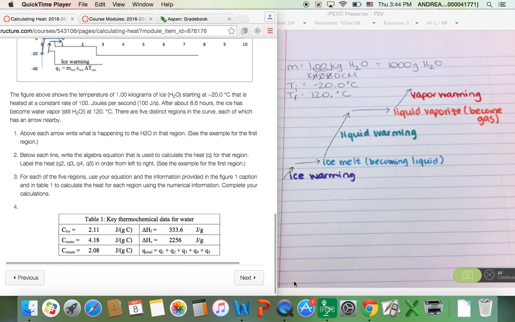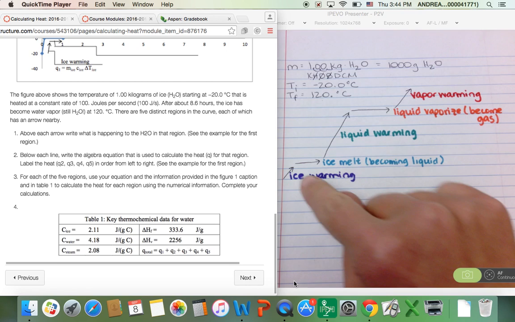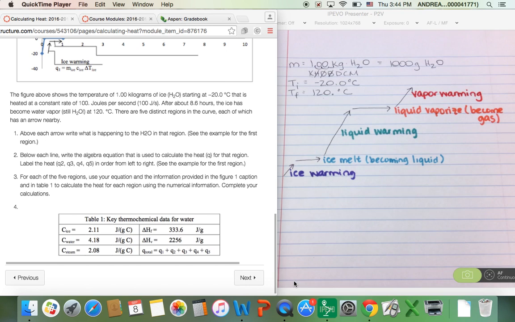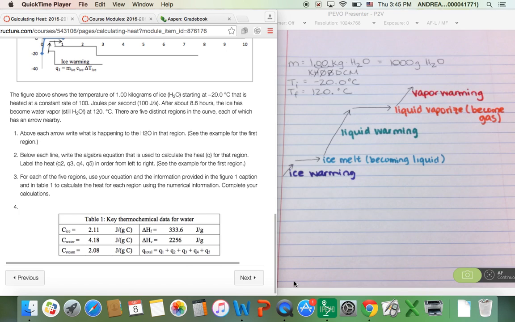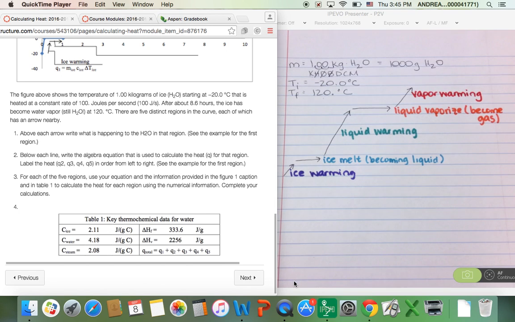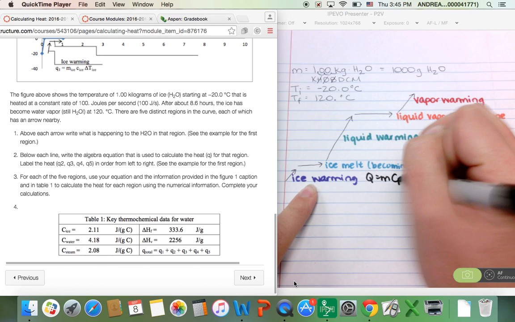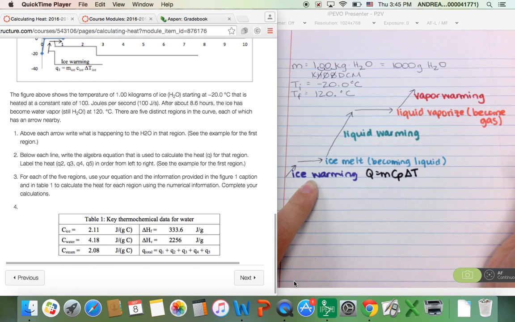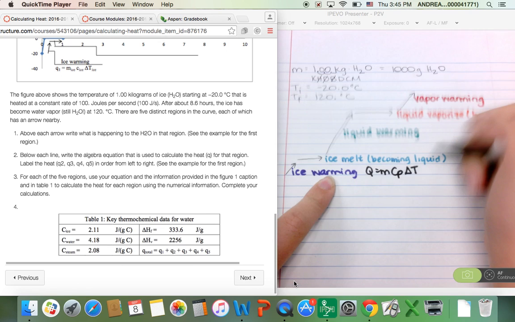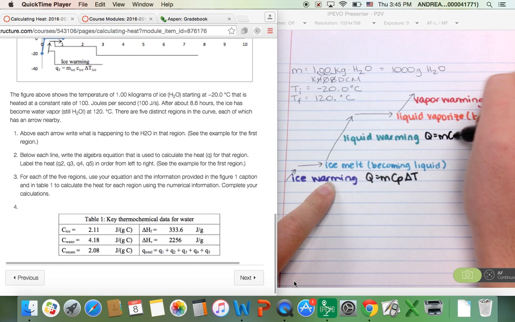So these are our 5 distinct regions on our graph, and each of them corresponds to a different formula. The ones where we have a change in temperature, we're going to use the same formula. That's in number 2 on the question: below each line, write the algebraic equation that's used to calculate the heat for that region. So for ice warming, we're going to use Q equals M Cp delta T, and anywhere we see warming, that change in temperature, we use that formula.